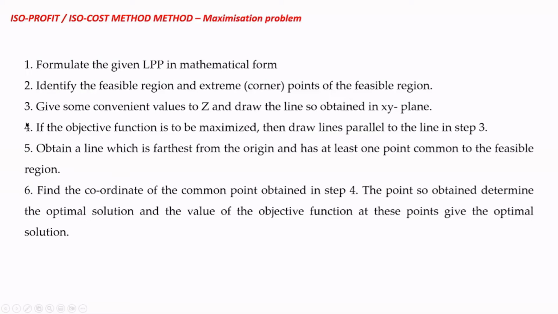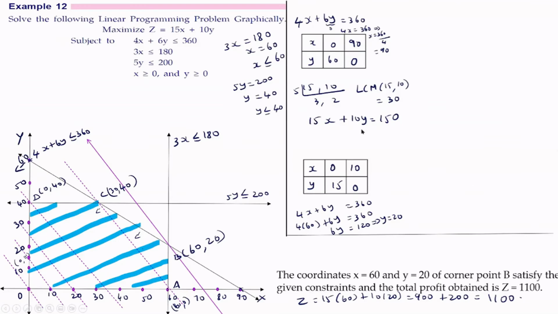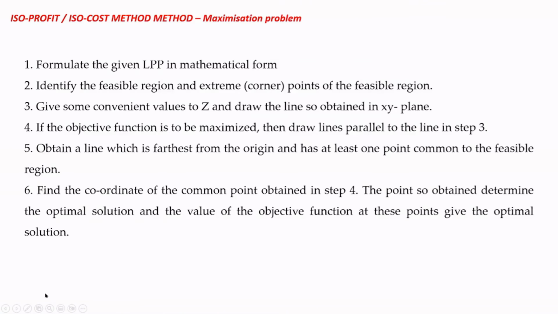The third step is to give some convenient value to Z and draw the line so obtained in the XY plane. So we gave the value 150 to Z and obtained the line 15x plus 10y equal to 150. The next step is, if the objective function is to be maximized, draw lines parallel to the line in step 3.